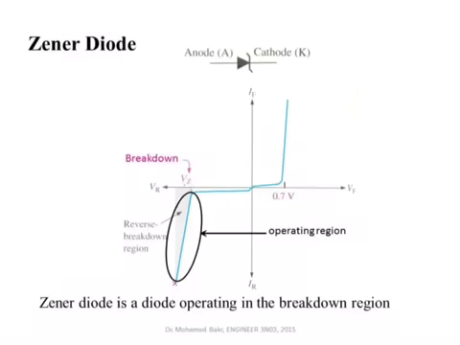In the past few lectures, we discussed the diode, and we agreed that the diode has three regions of operation. The first one: when the voltage applied across it is positive, the current is usually zero until the diode reaches its turn-on voltage, and then the current starts to increase.